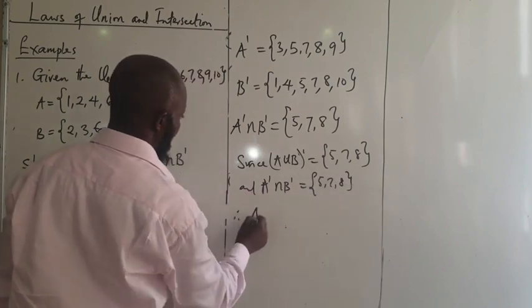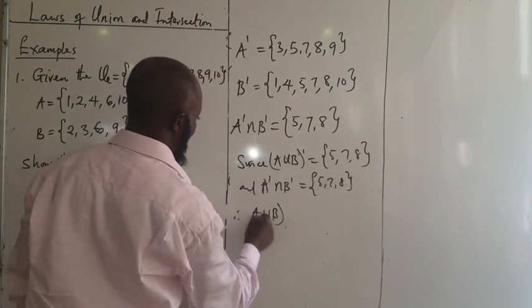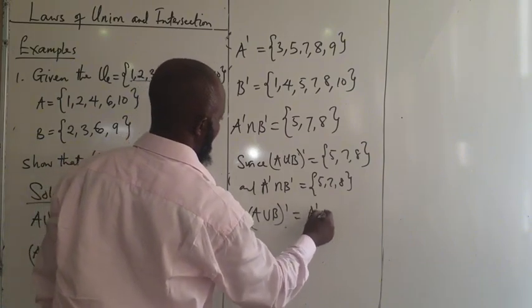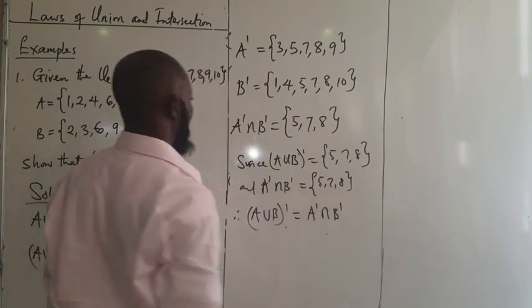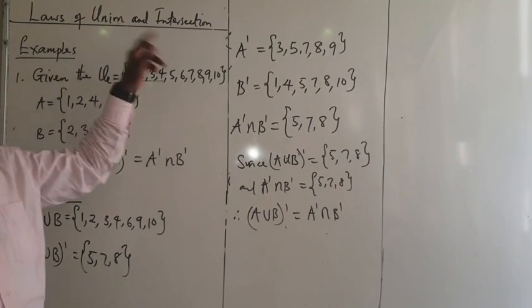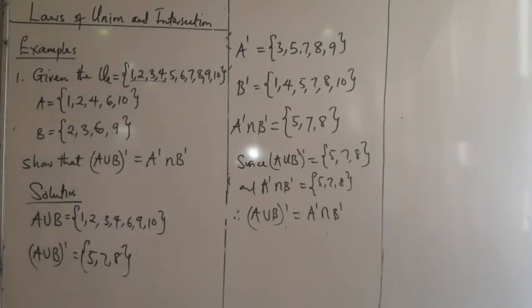Therefore, A union B complement is equal to what? A complement intersection what? B complement. So that has proved one of De Morgan's laws of union and intersection of sets. I hope this is very clear.